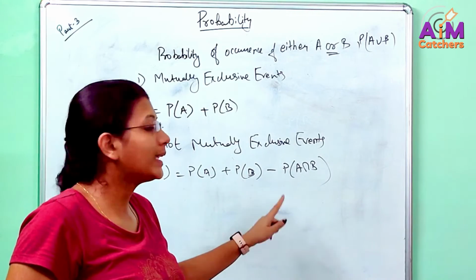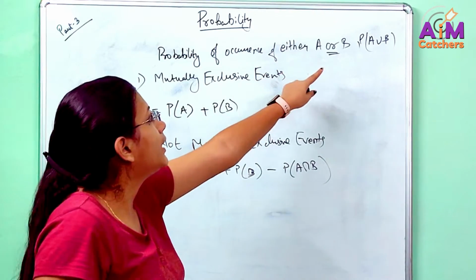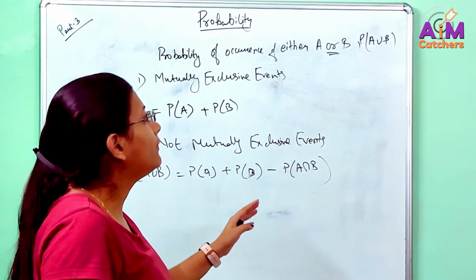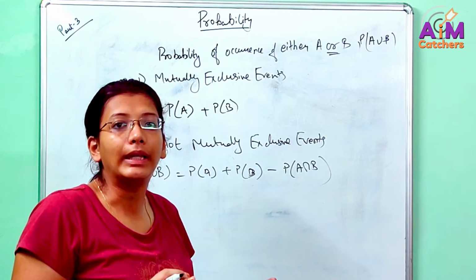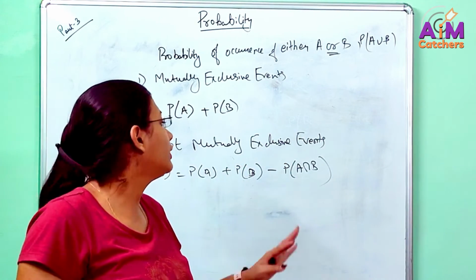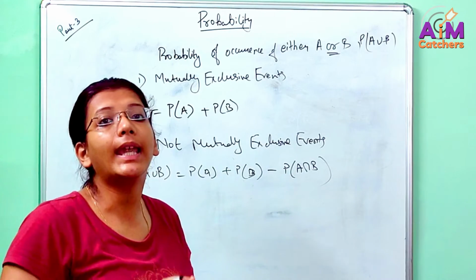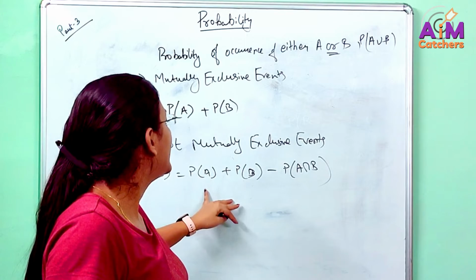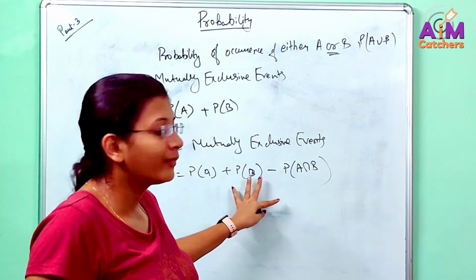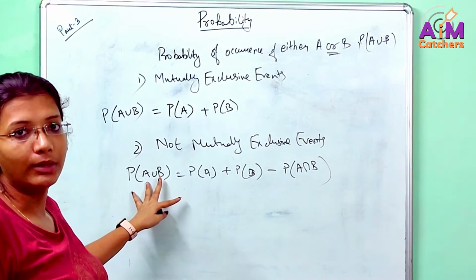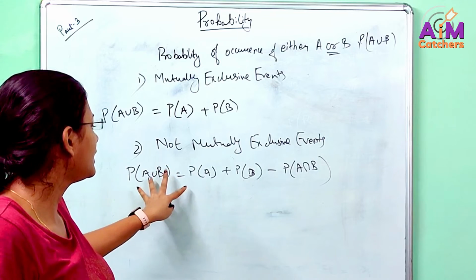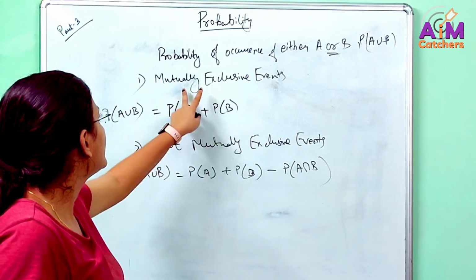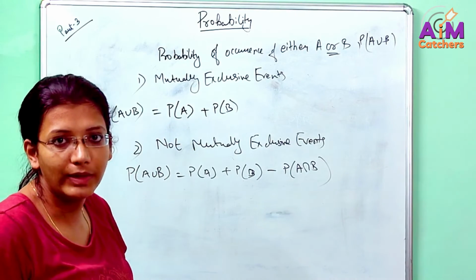A intersection B is A and B. Like we use the union sign for or, the intersection sign means and. It is the situation where you get both A and B. The probability of getting A and B both at the same time is subtracted from probability of getting A plus probability of getting B. This will give you probability of A union B, getting A or B. So this is for non-mutually exclusive events, and the earlier one is the formula for mutually exclusive events.